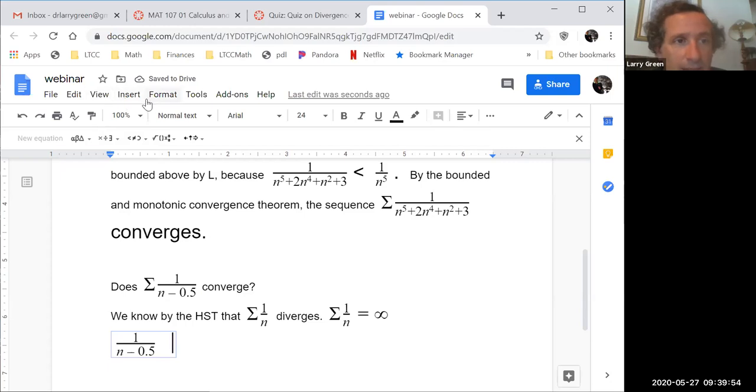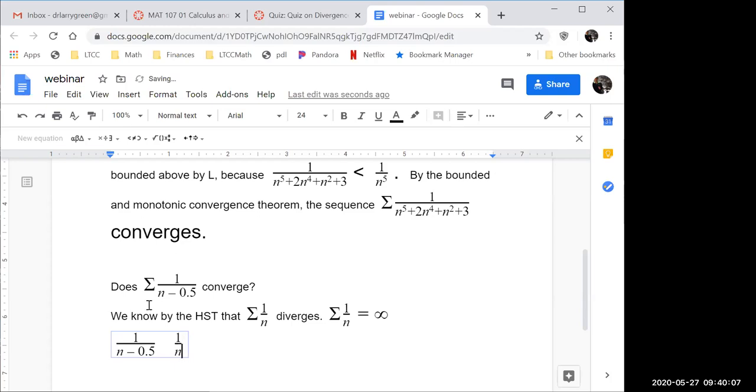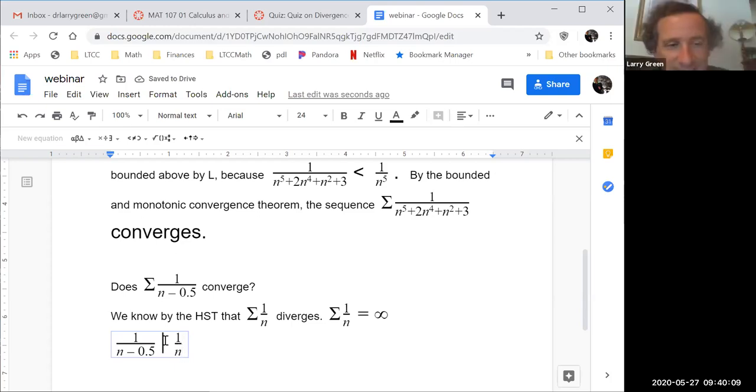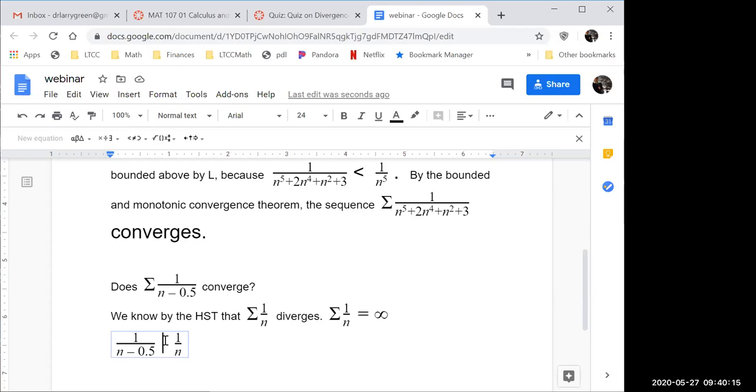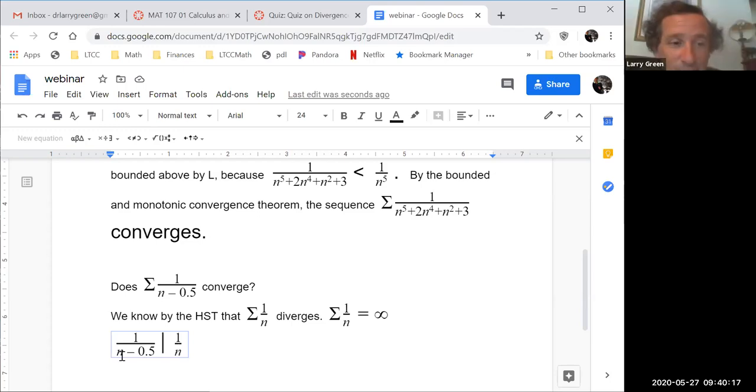Yeah, 1 over n minus 0.5, because 0.5 is a smaller number than n.